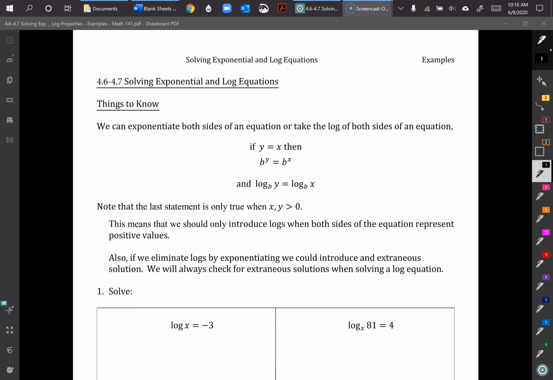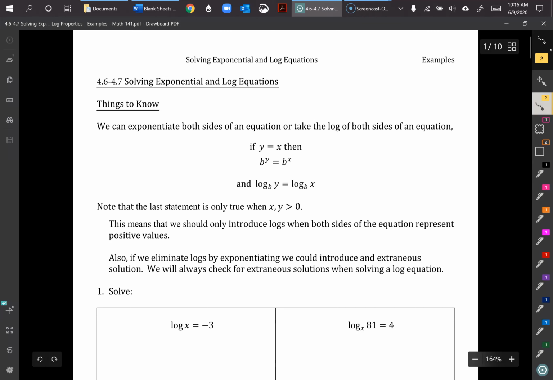So we have things to know. First thing we want to think about is exponentiating both sides of an equation, which we've looked at before during exponentials, or taking the log of both sides of an equation. Exponentiate just means that you're doing this action here.